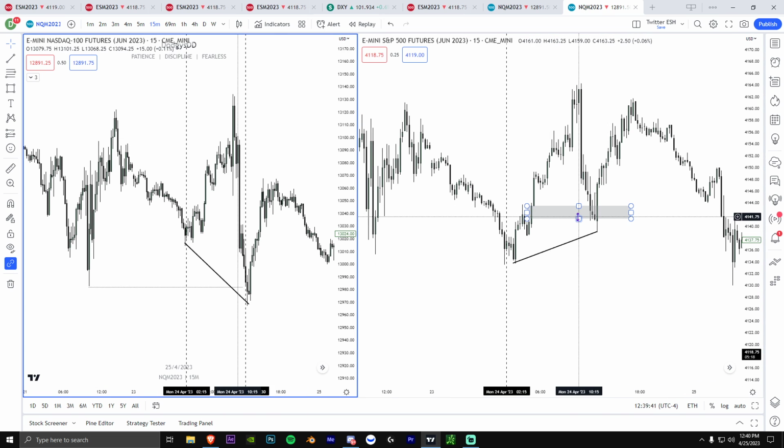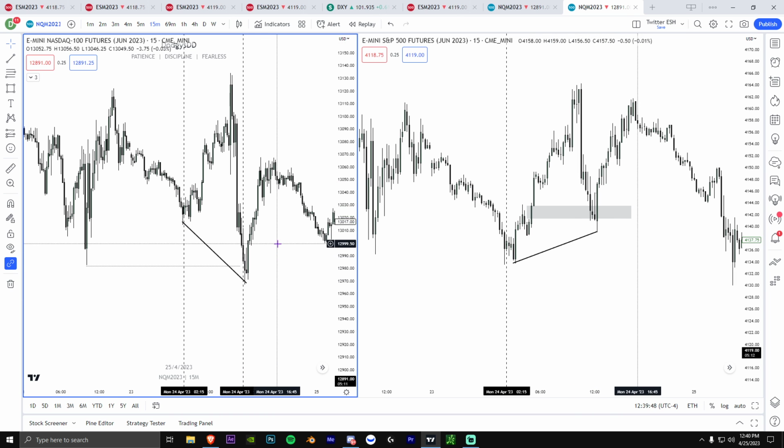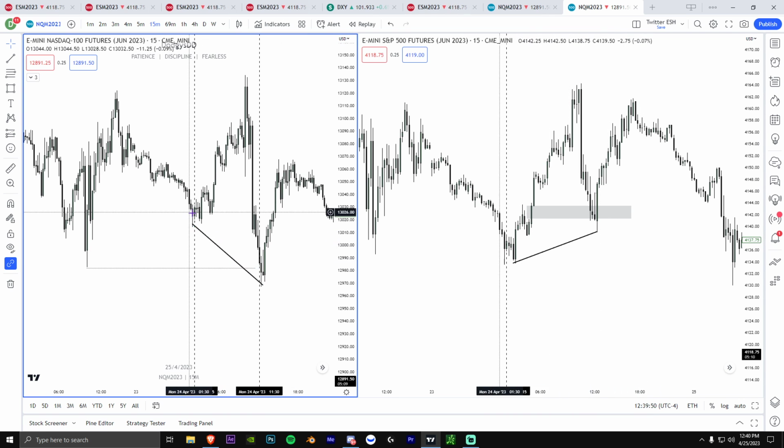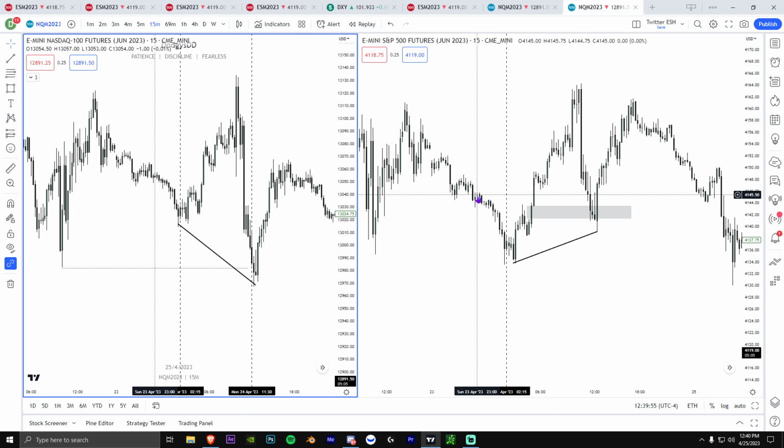Because ES is in a fair value gap, you can turtle soup NQ, which is basically inducement, right? We hit this low and we reverse again. But it only works if you get an SMT going into a low. So that's kind of that, right?